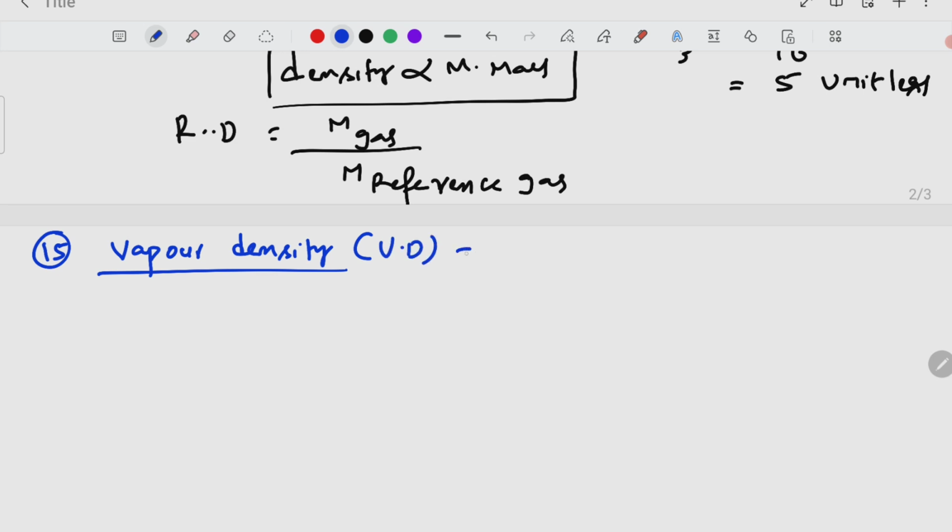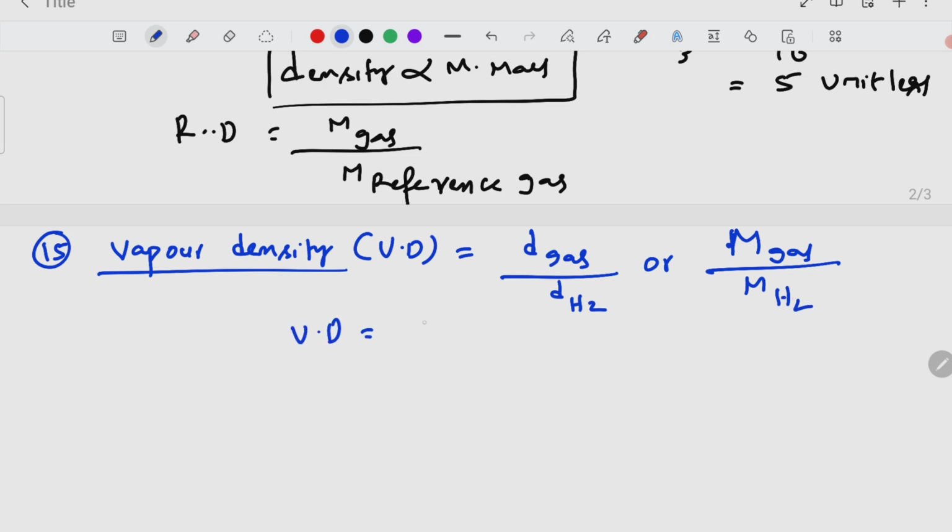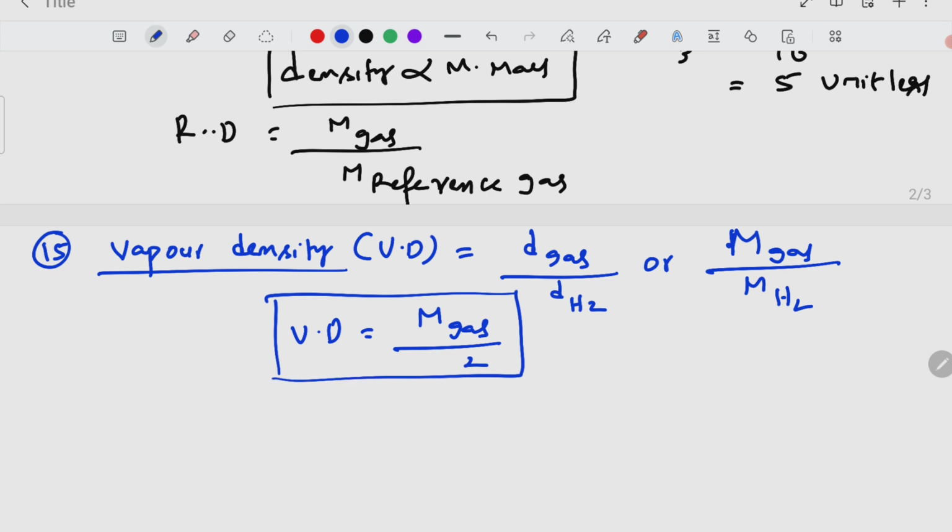So vapor density here we define like this: density of gas by density of H2, hydrogen gas, or you can write molar mass of given gas by molar mass of H2. And we know molar mass of H2 is equal to 2. So you can change the formula into vapor density is equal to molar mass of gas by 2.